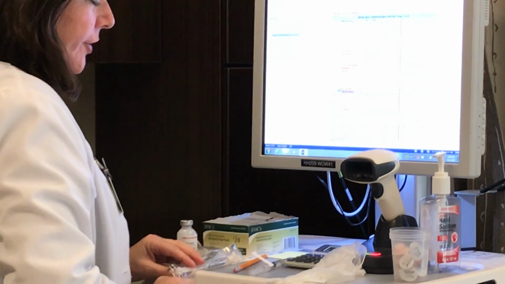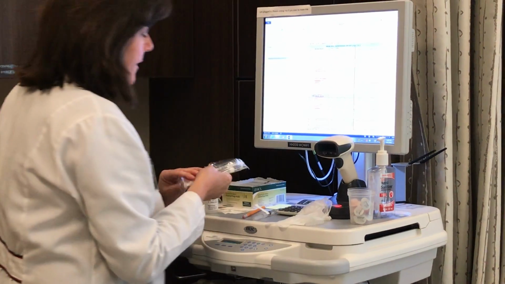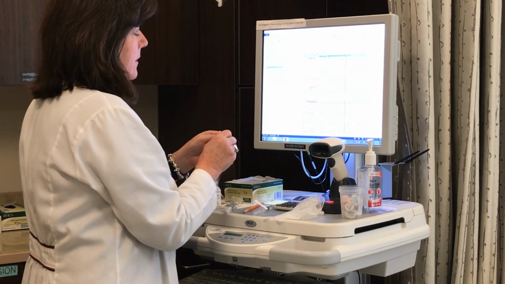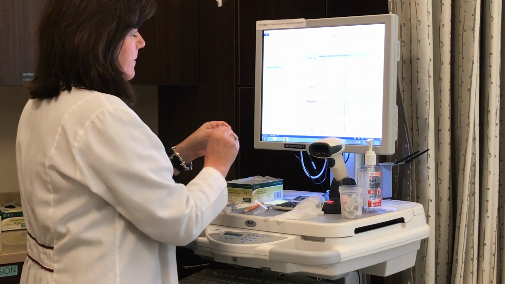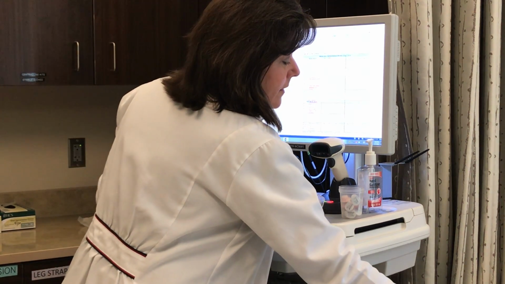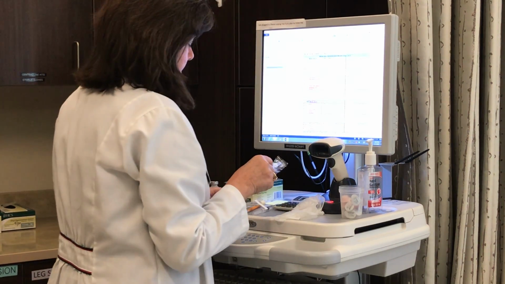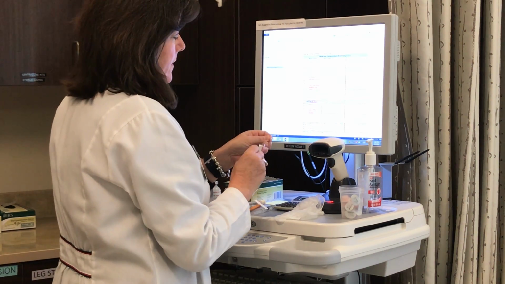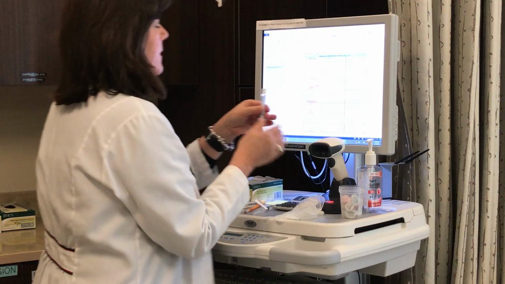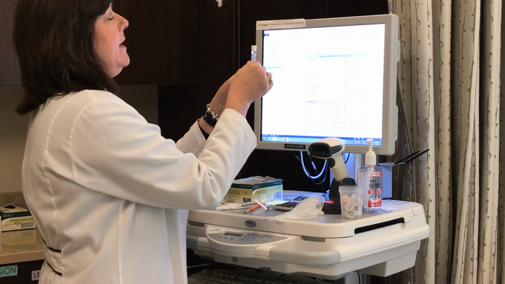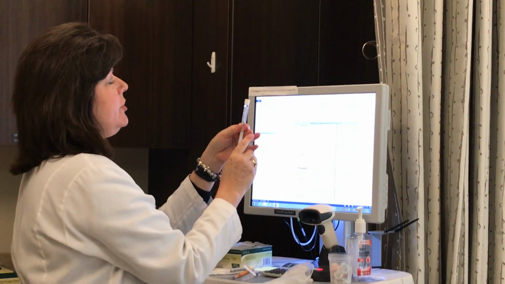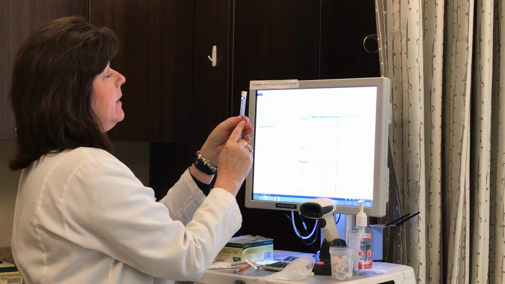Now I'm going to adjust the amount in my saline flushes. On these, I need to break the seal. I'm going to pull back on the syringe plunger.